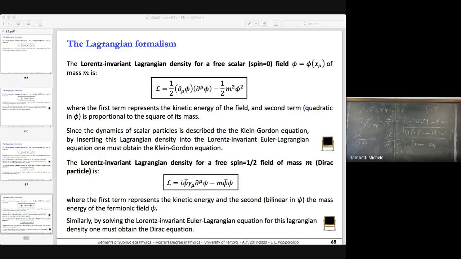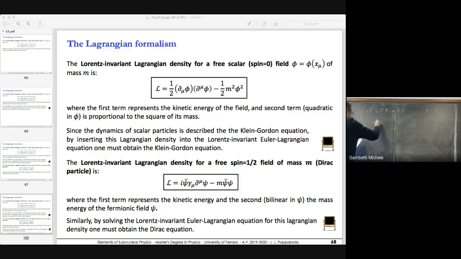Now, let's take the other option. We now take the field ψ, just the standard spinor, and we do the same exercise. Let's first calculate the first term of the Euler-Lagrange equation, ∂L/∂(∂_μ ψ), now for the standard spinor.